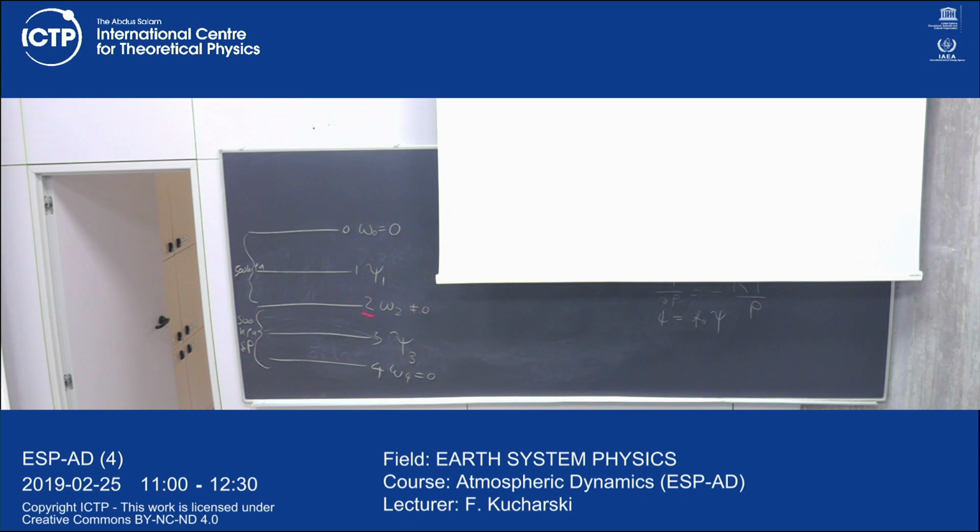The same is true for the vertical derivative here, if we apply this equation at level 3. So with that, our vorticity equation applied to these two levels looks like this. We only indicate level 1 by the number 1 here, and level 3 by the number 3, and then this just changes sign.